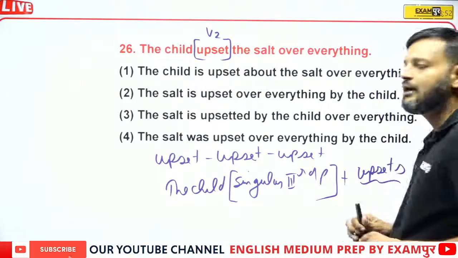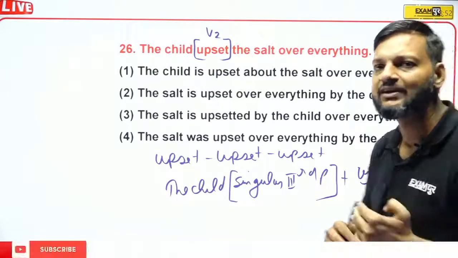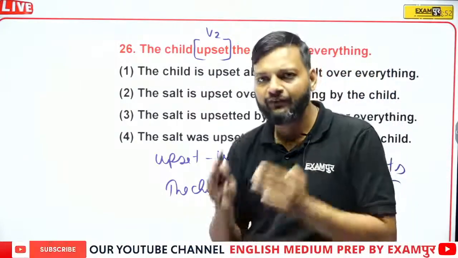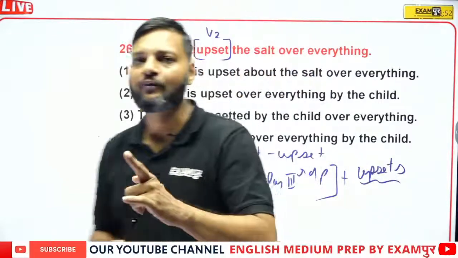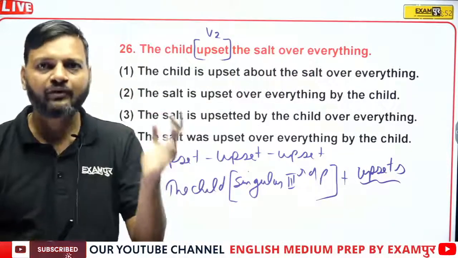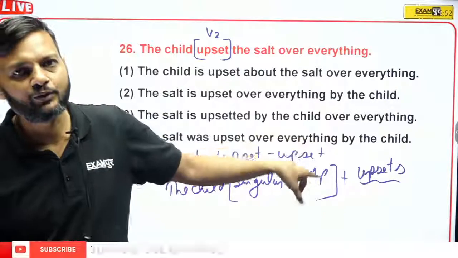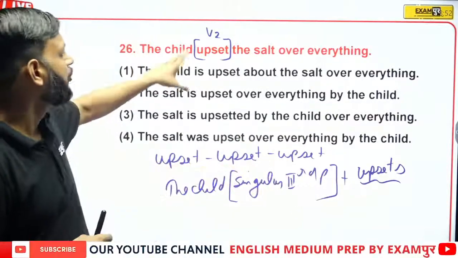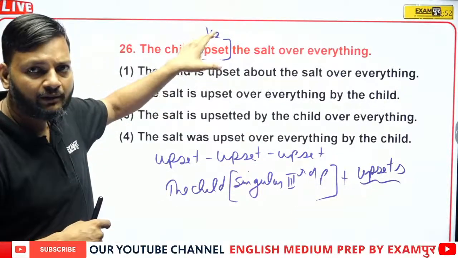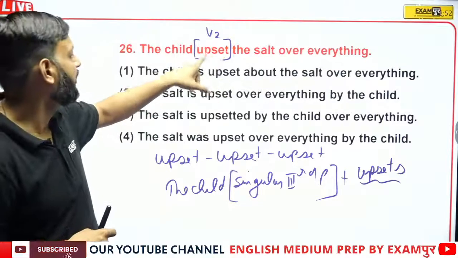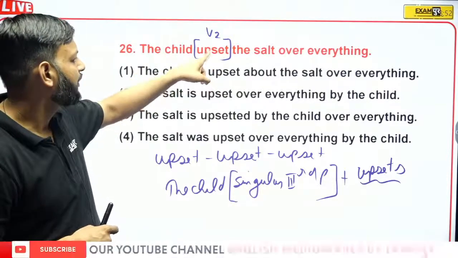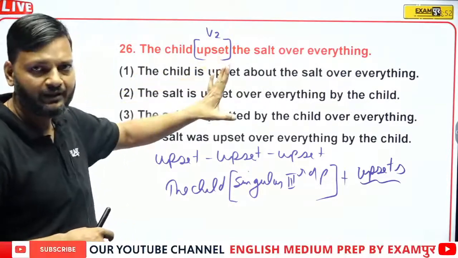Because with singular third person we cannot use first form. With singular third person, fifth form, like the first form with s or es, should be used. So if this were the present tense, we would have used upsets in place of upset, right?